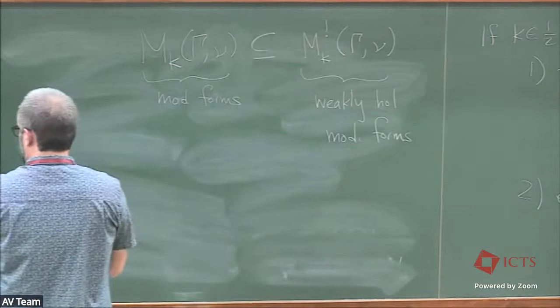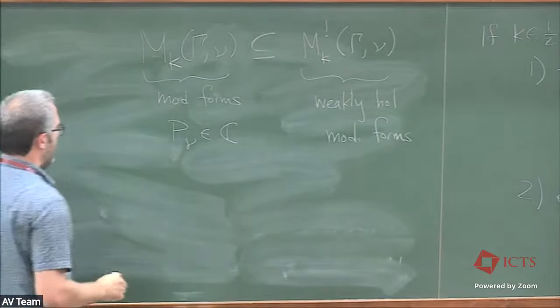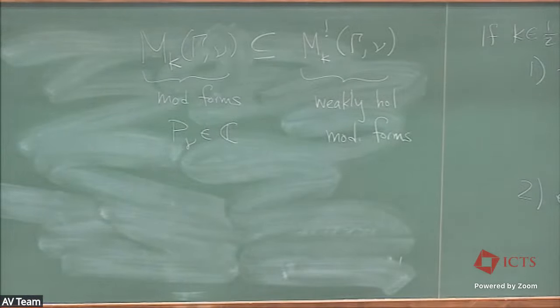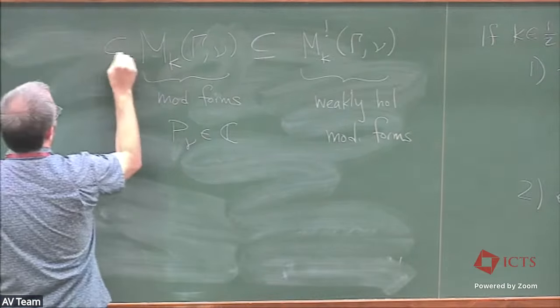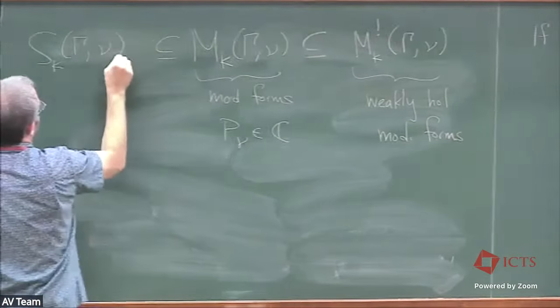And these are the ones for which E_gamma is allowed to only just be a constant. So basically this principal part doesn't exist. It's basically just a constant term. And then sitting inside there is the space of cusp forms.